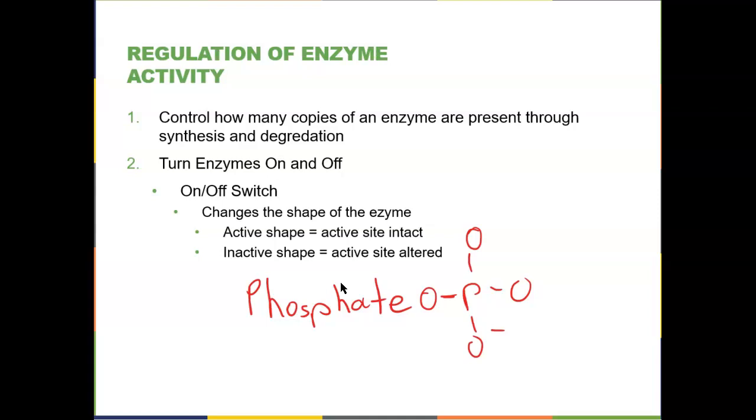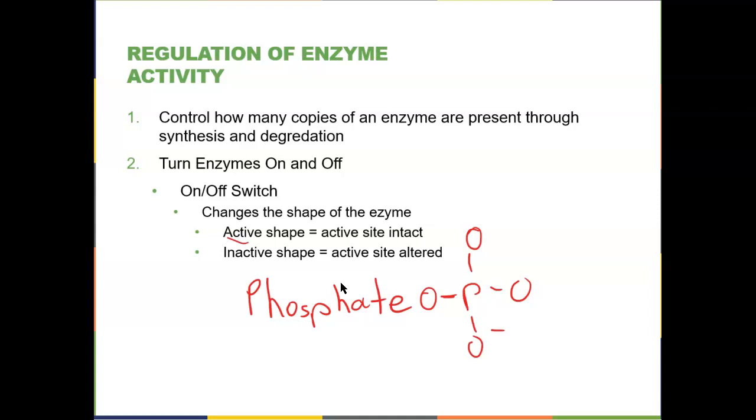So adding a phosphate is sort of like adding 2 or 3 new people to an already crowded dinner table. It requires a lot of moving around and shuffling of things. So when you add or remove a phosphate from an enzyme, it greatly changes the shape of the enzyme, especially the shape of the active site, and that can then be used to turn an enzyme on and off, so that they're always around when you need them.